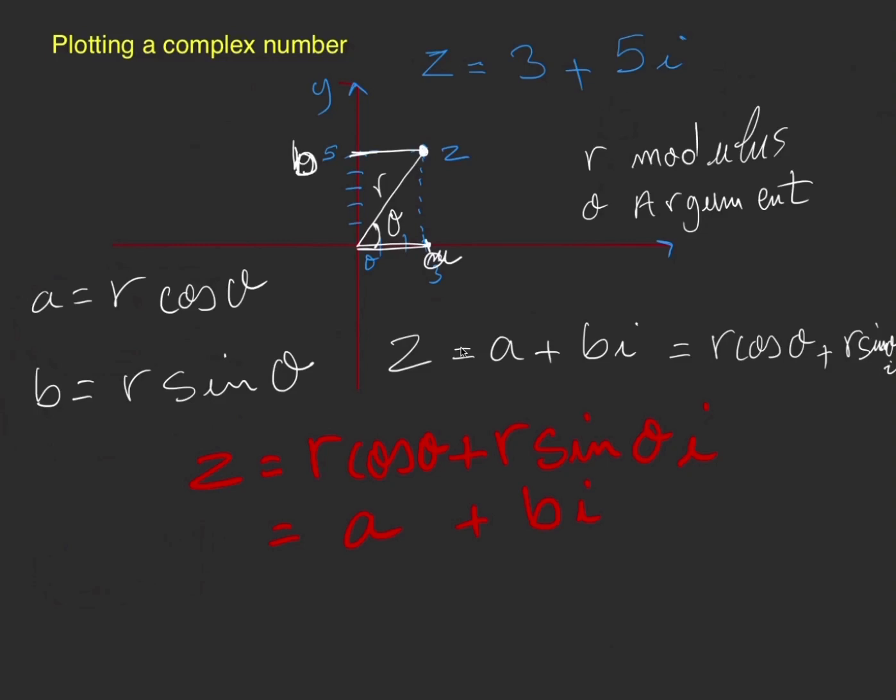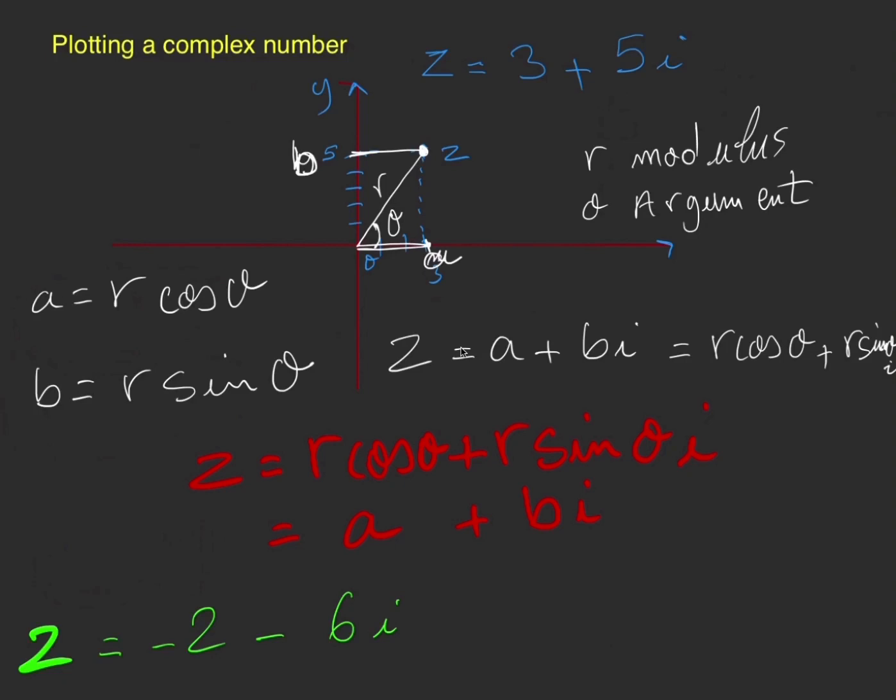So let's plot another number. It's very straightforward to do. We have z equal to minus 2 minus 6i.